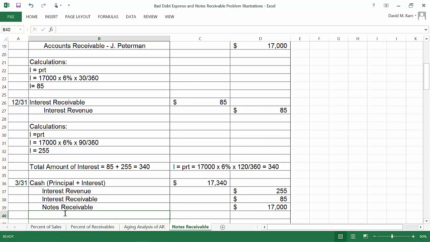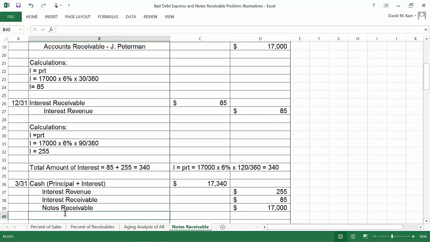So you can see that we've received cash for the full maturity value, which is principal plus interest, $17,340. We've earned additional interest revenue from January 1st through March 31st of the new accounting period of $255. We are receiving the interest that was owed to us, reducing the interest receivable to 0, and also being paid back the note in full of $17,000. So you can see how this works here.